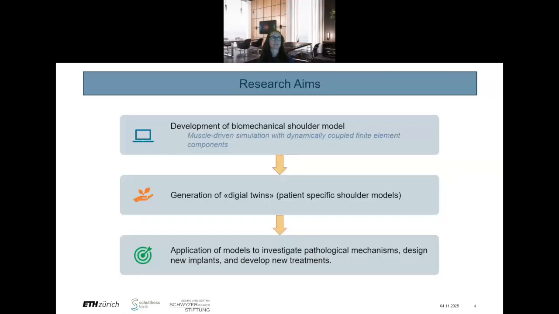The overall research aims of my fellowship are to develop biomechanical shoulder models combining finite element analysis and multibody dynamics, so muscle-driven simulations, then incorporating subject-specific anatomical factors into these models, and then applying them to various challenges such as this implant loosening problem.